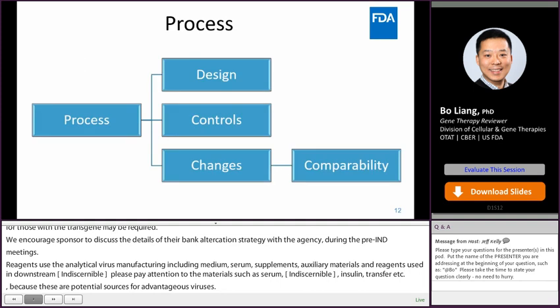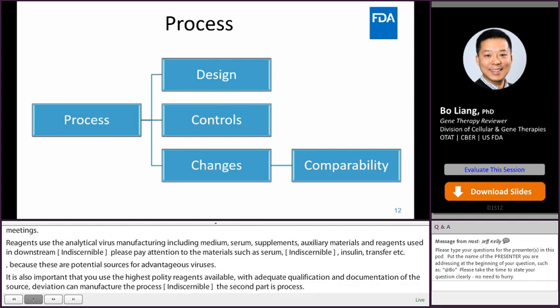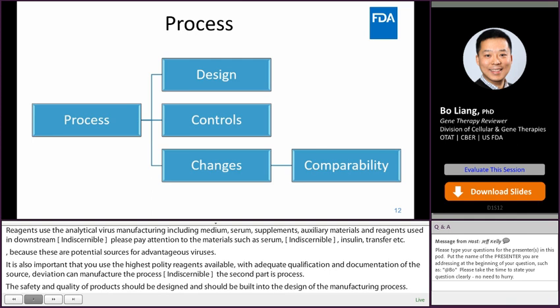So the second part of manufacturing is process. The safety and quality of products should be built into the design of the manufacturing process. In-process controls such as the pH, temperature, dissolved oxygen level, multiplicity of infection, the flow and mixing rate are key to ensure the consistency of your product manufacturing and the product quality.